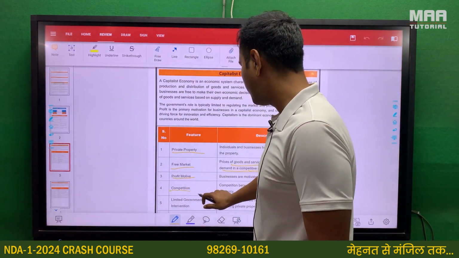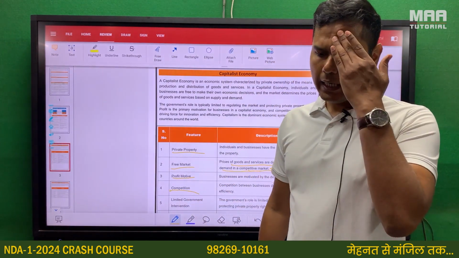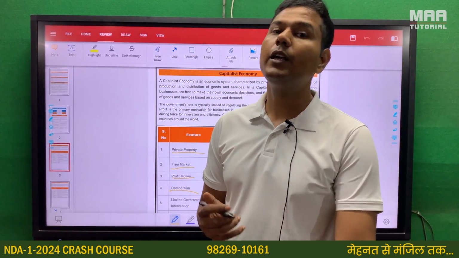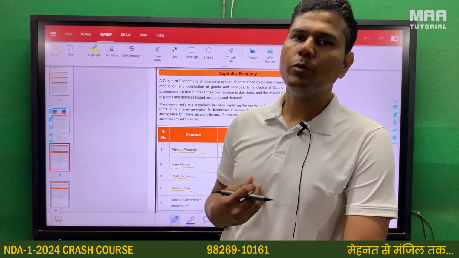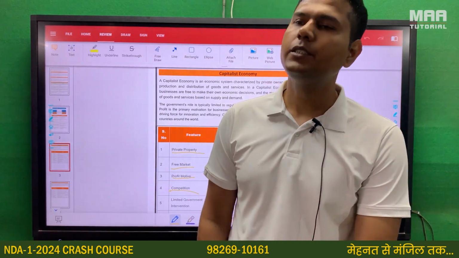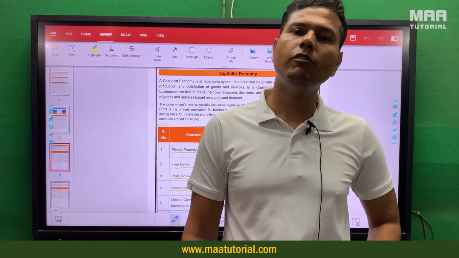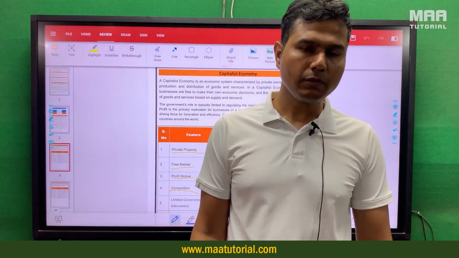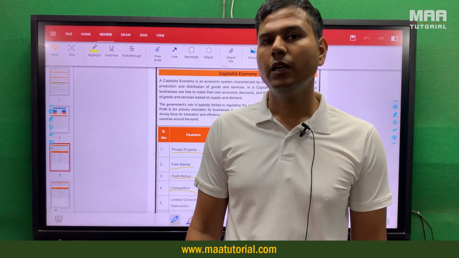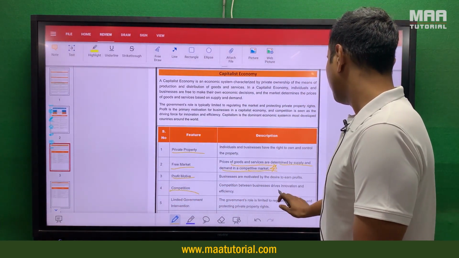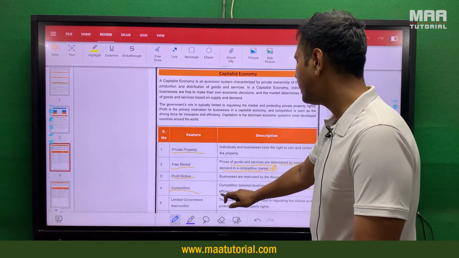Competition. See, is competition good or bad? It is good in the sense that we consumers get the best, right? Let's say there is only one toothpaste being sold in the country, only one toothpaste, right? But when there is competition, there would be innovation, right? The producer would have innovations and efficiency.